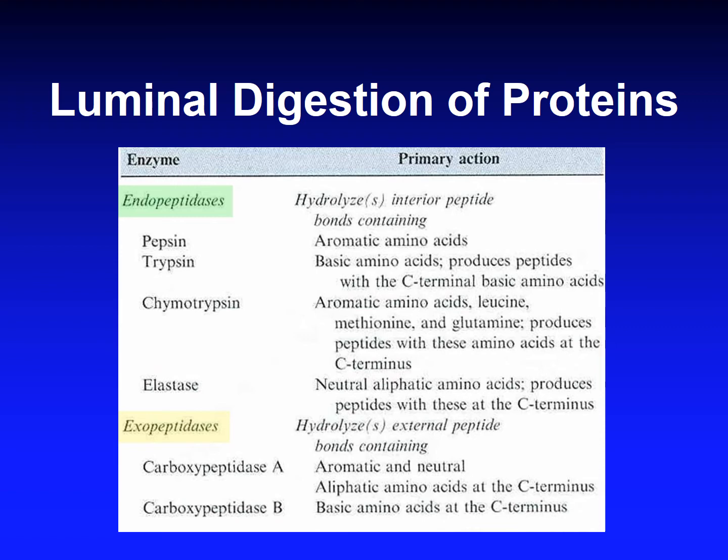Examples of the exopeptidases, enzymes which attack the external peptide bonds, are carboxypeptidase A and carboxypeptidase B. Now, these are the enzymes that will hydrolyze any protein. They will attack it both from the inside and from the outside.